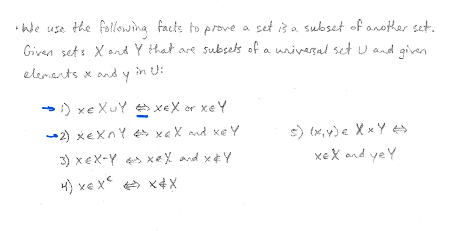By definition just means little x is not in capital X. These are the four most common ones that you're going to have to use. I included a fifth one here. This one involves the Cartesian product. Not really going to have to use it in this course, but just something to see. The ordered pair little x comma little y is an element of capital X cross capital Y. By definition, that means little x is in capital X and little y is in capital Y.